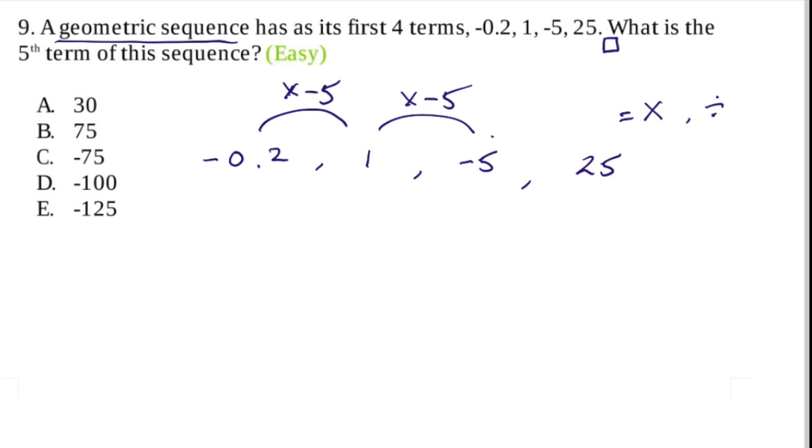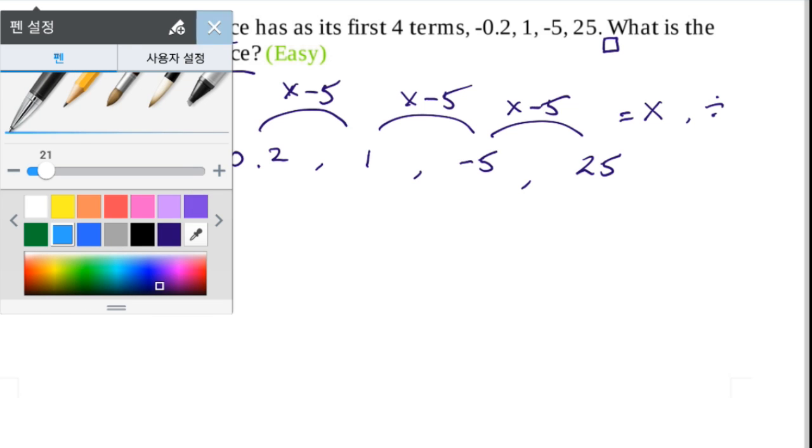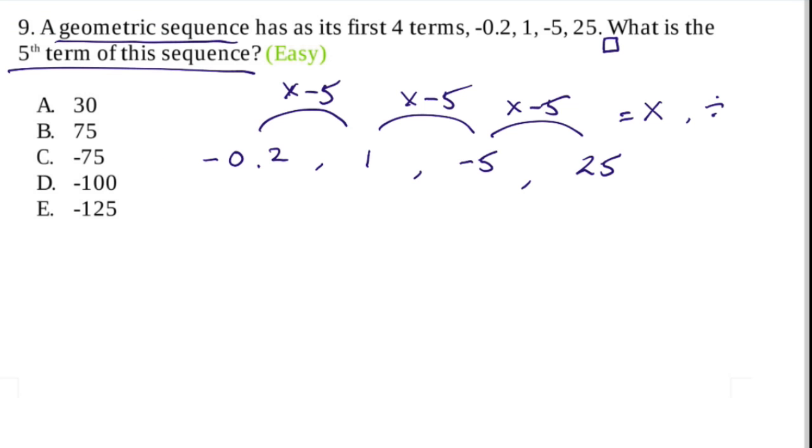So we found the pattern, but the question was not finding the pattern, it's finding the fifth term of the sequence. So all we have to do is take the 25 and multiply by negative 5. So 25 times negative 5 will give us our fifth term.